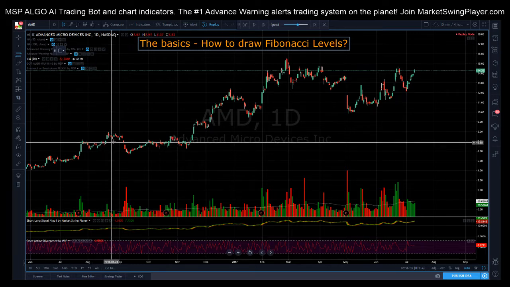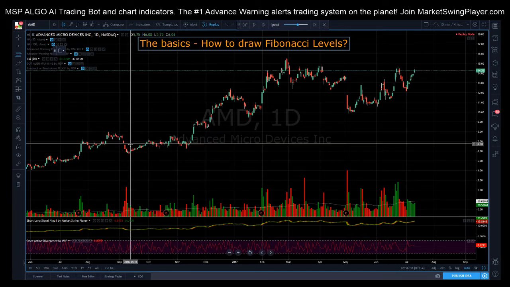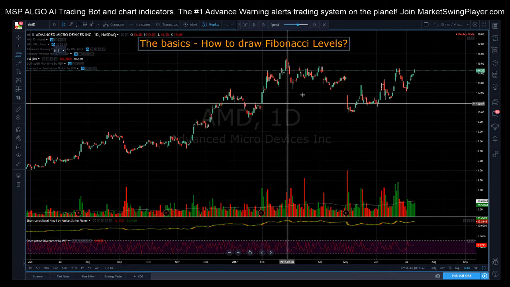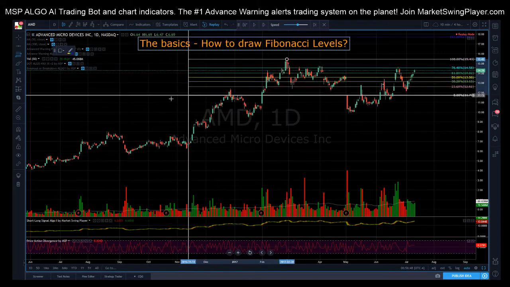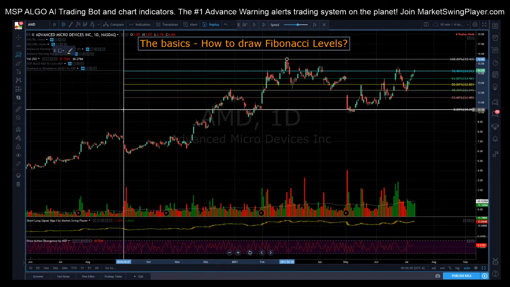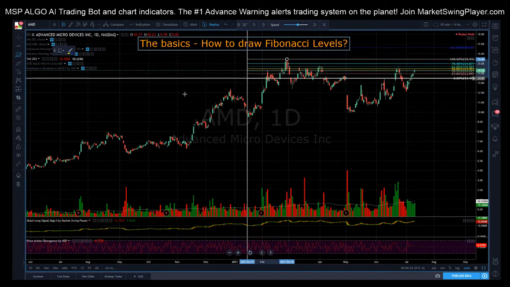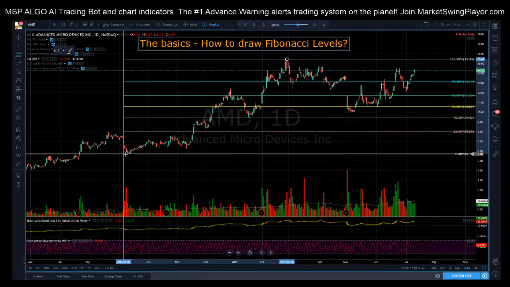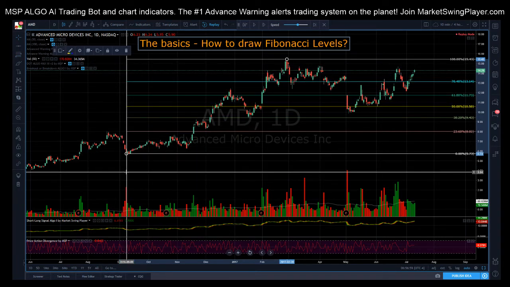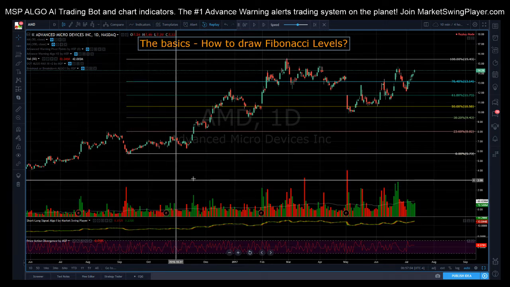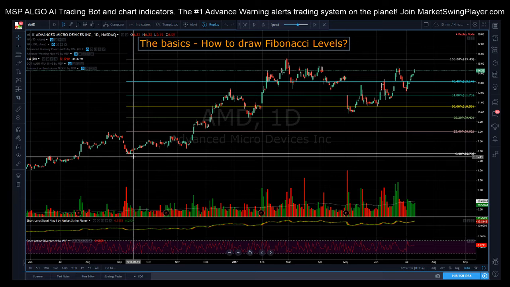So I want to look for when price started to bounce to when price would reverse. So I'm looking for reversals to draw my Fibonacci levels. This is not rocket scientist stuff here. So I put my first level near that top candle, and my next level near the low right here, okay?